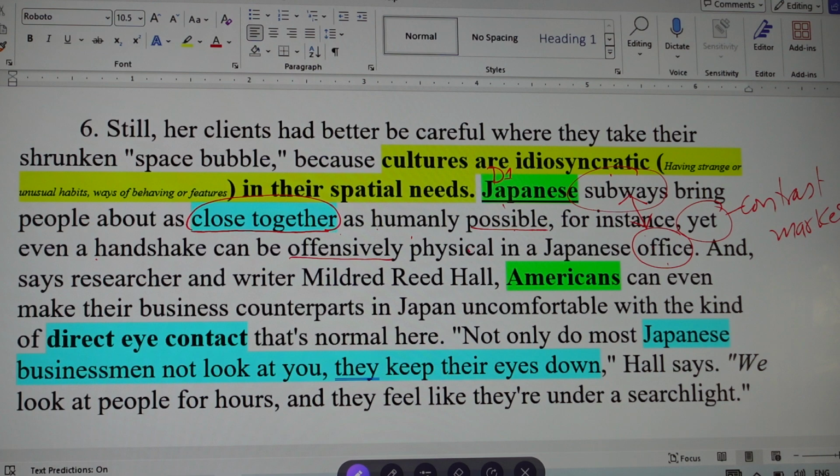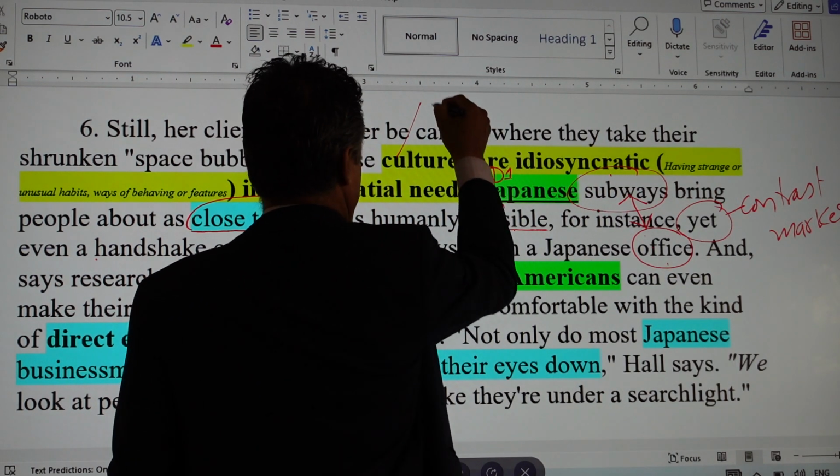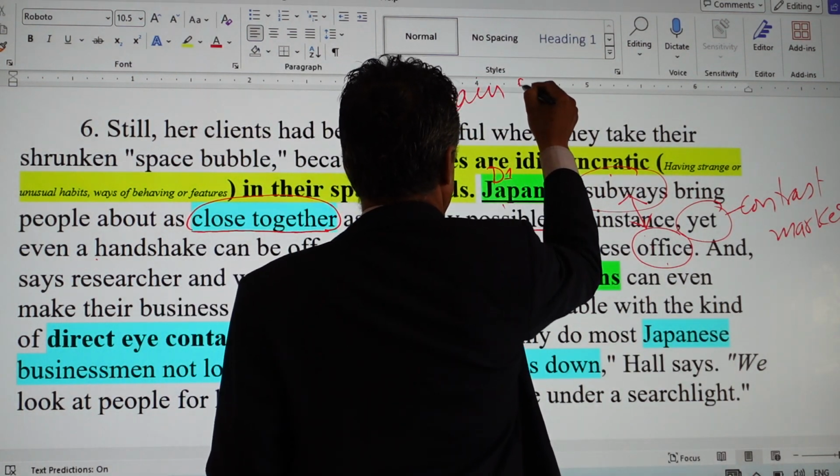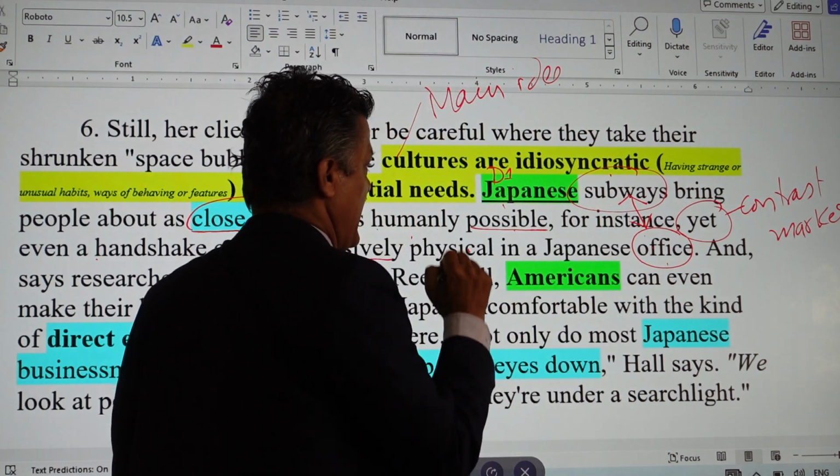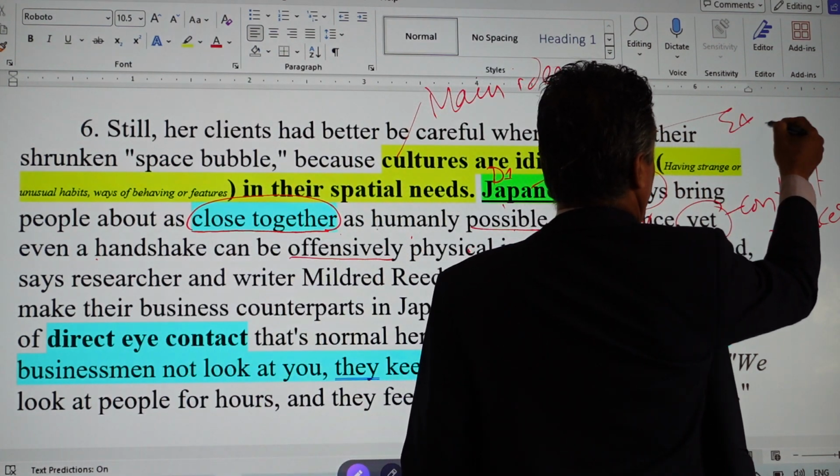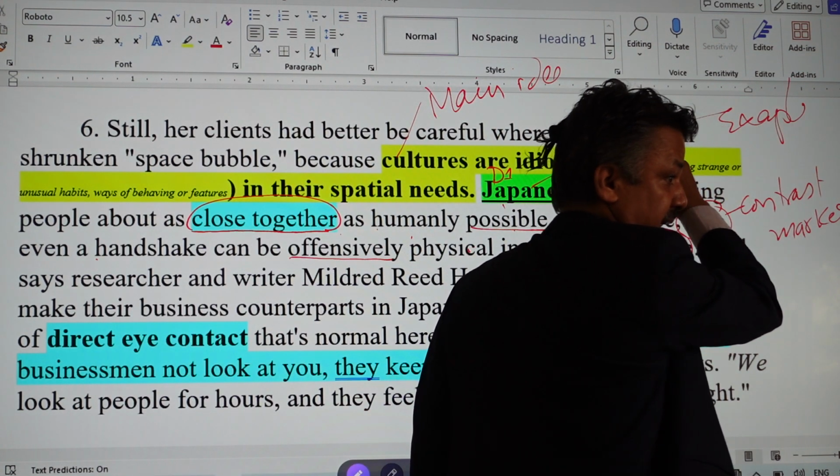This sentence proves the idea that cultures are idiosyncratic by bringing example of Japanese culture. Now look, this is the main idea, and this sentence is the example, right, to support the idea.